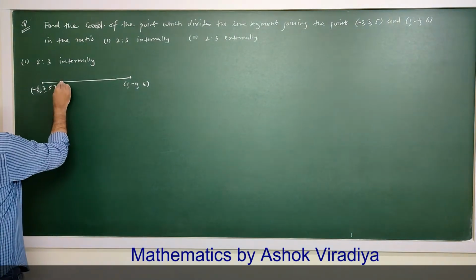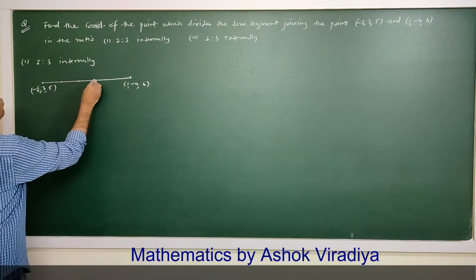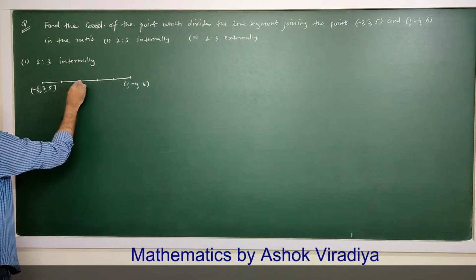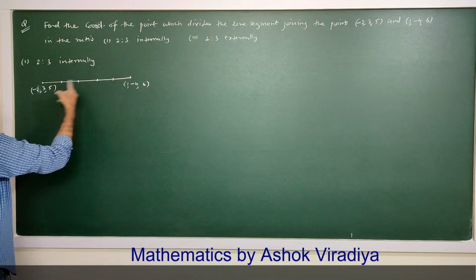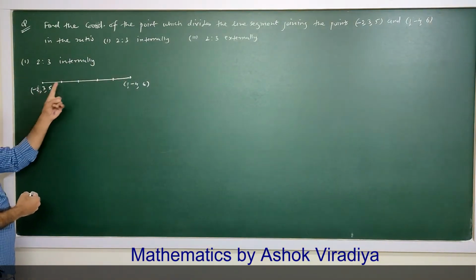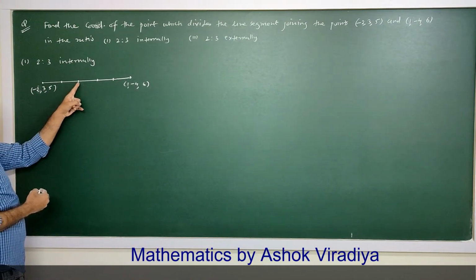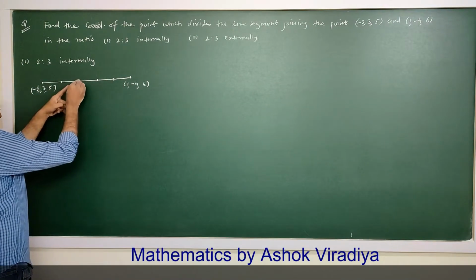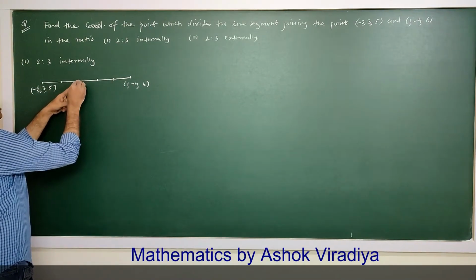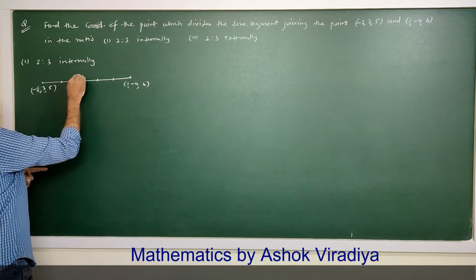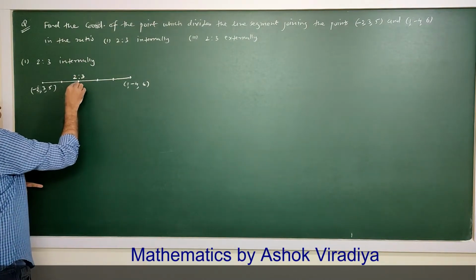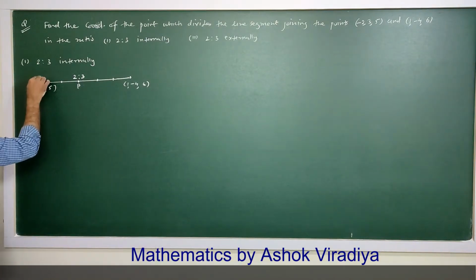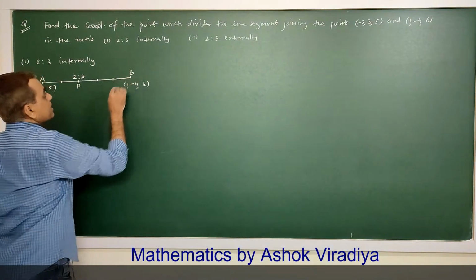So imagine 5 equal partitions of this line segment. On the left of this point there are 2 partitions and here 3 partitions. So this is the point at which it divides this line segment in ratio 2:3. Let me say this point is A, this point is B.